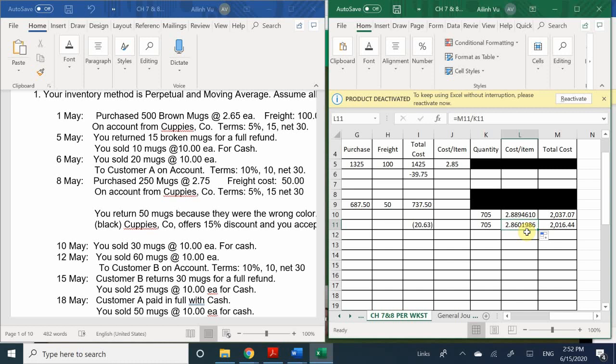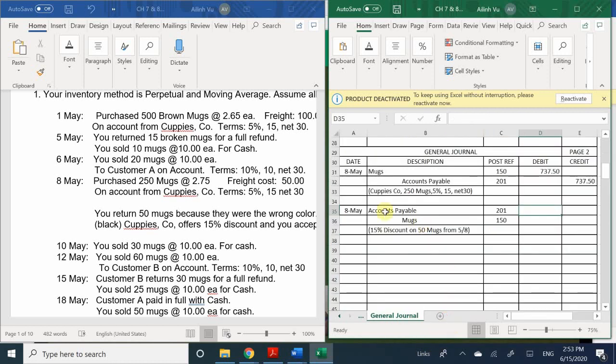So that changed it by 2 cents per item. This is making an adjustment because we discounted the product. We're not losing inventory, but we need to make the adjustment because we basically purchased the previous one for a lower amount. So now we know it's $20.63. Now I can go back to my journal and write this in here. $20.63.